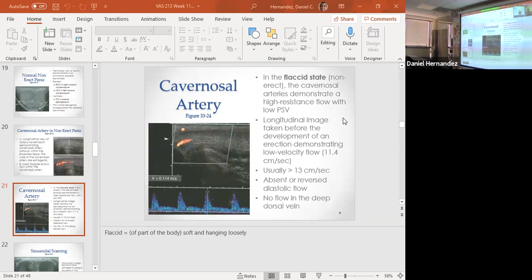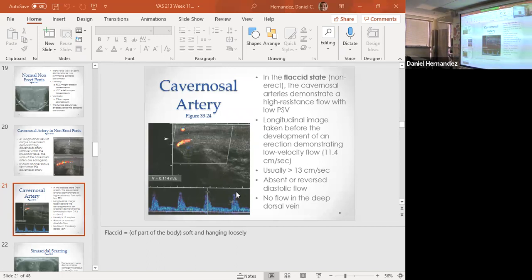So in a flaccid, non-erect state, the cavernosal artery demonstrates a high resistant flow pattern with low peak systolic velocities. So we have a high resistant waveform in the flaccid state with low peak systolic velocity, so low velocity, high resistant.